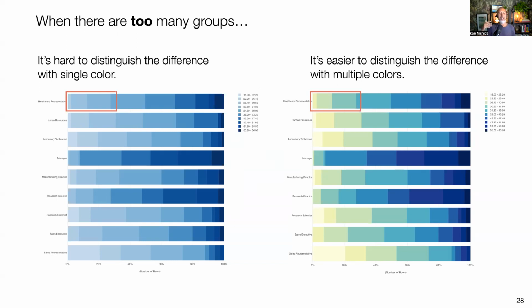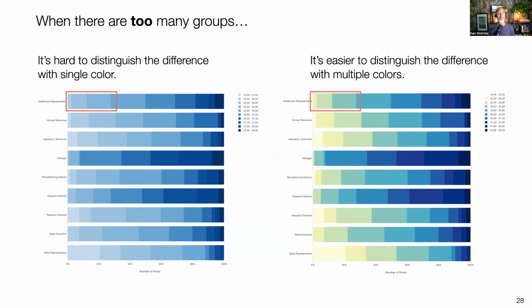Our eyes are not really good at differentiating between the colors. For example, under the highlighted red square, it's a blue color, and we have 10 different shades in that scale, so it's hard to distinguish these three colors.